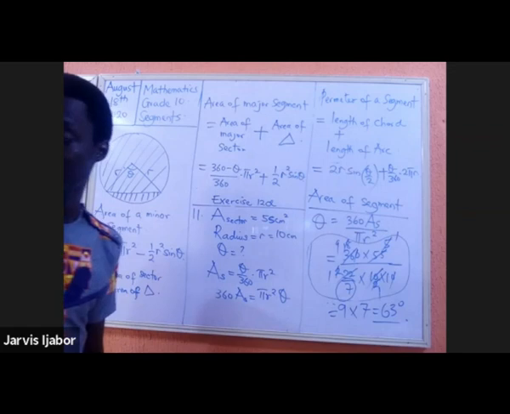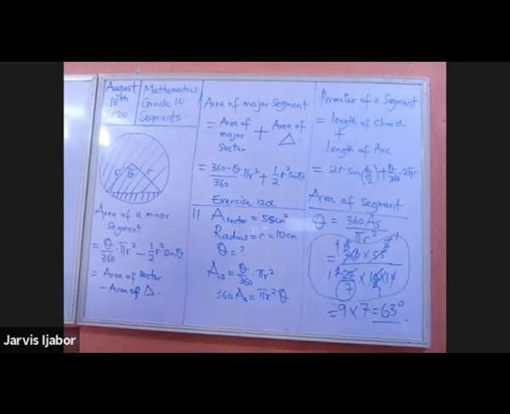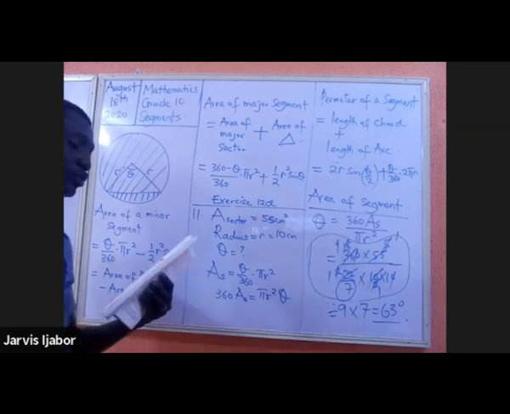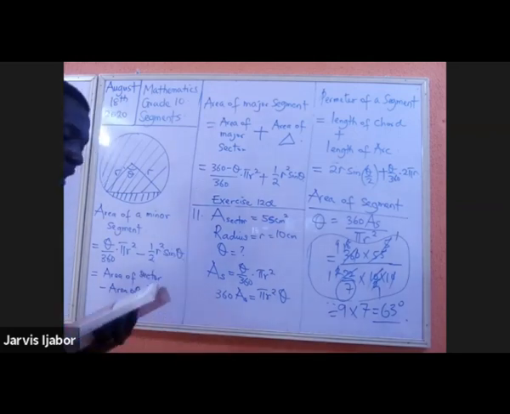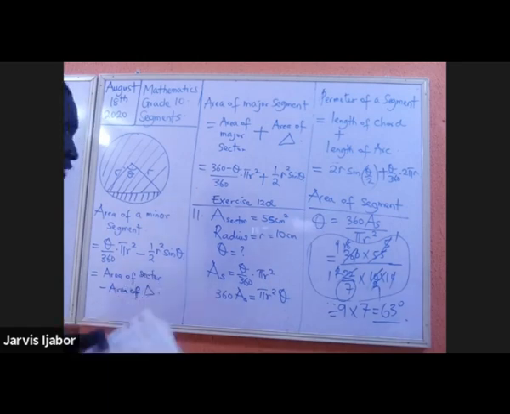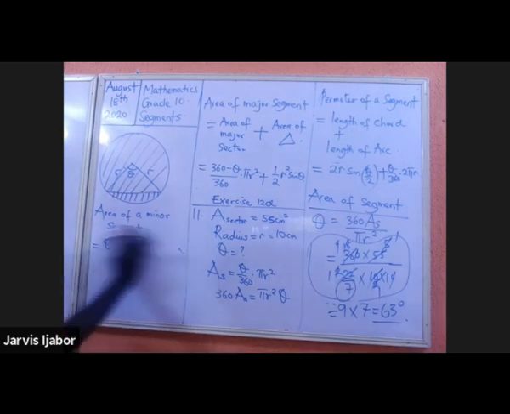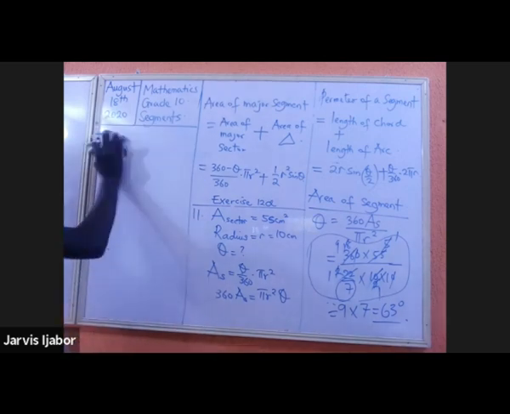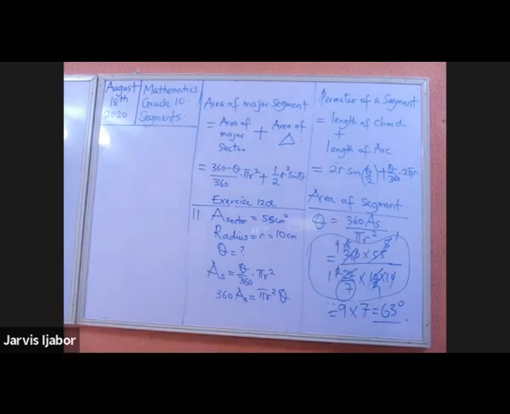All right, so please let's get that right. The next question, question 12, says calculate the area of the shaded segment in figure 12.47. So let's try to draw the shaded segment. Question 12.